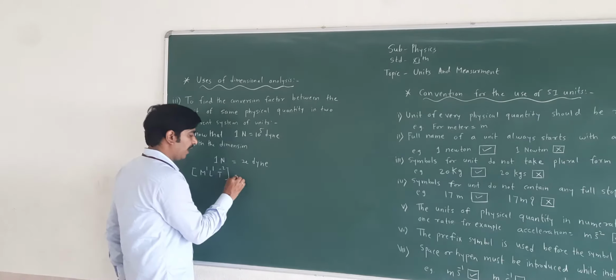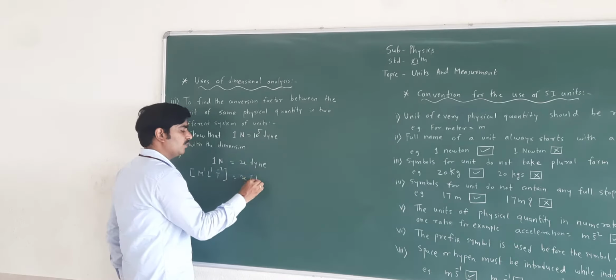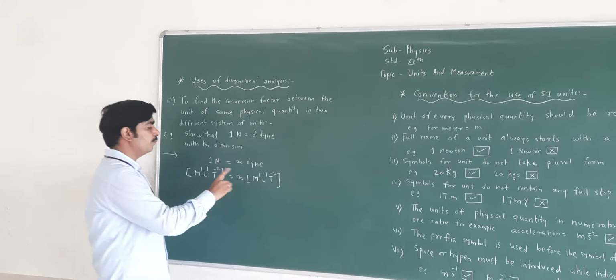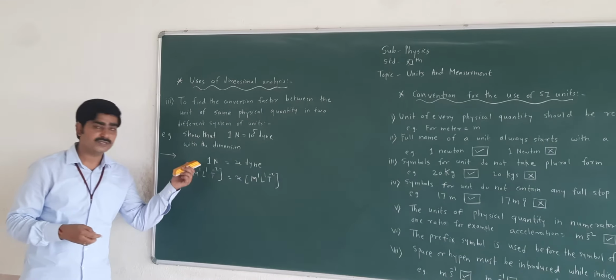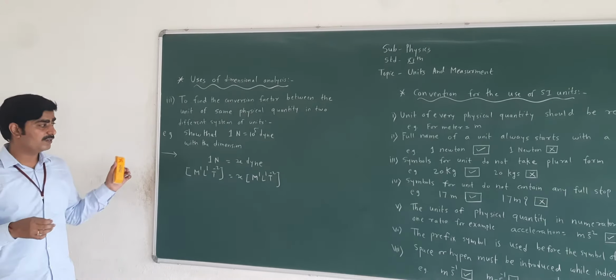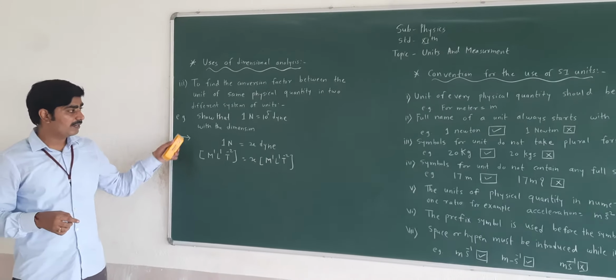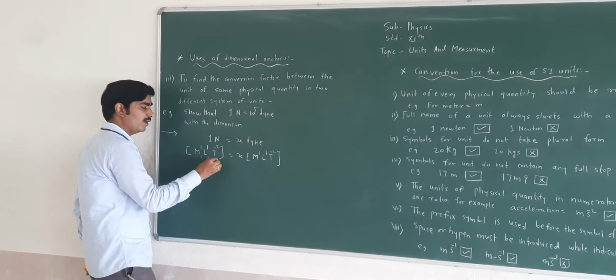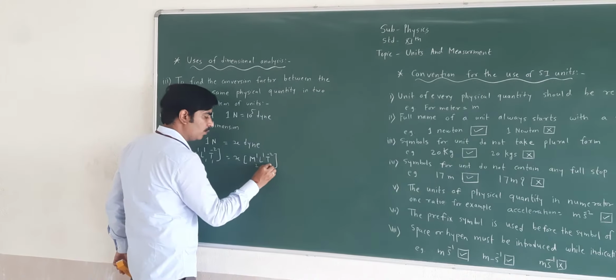Then here we will take x. Again here we should take 1 in mass, 1 in length, -2 in time, because both are quantities related to force. What is the difference? This is the SI system and this is the CGS system. So here we use suffix 1, 1, 1 and here suffix 2, 2, 2.